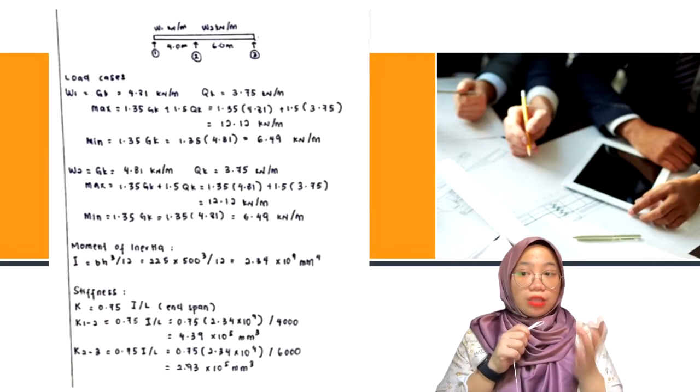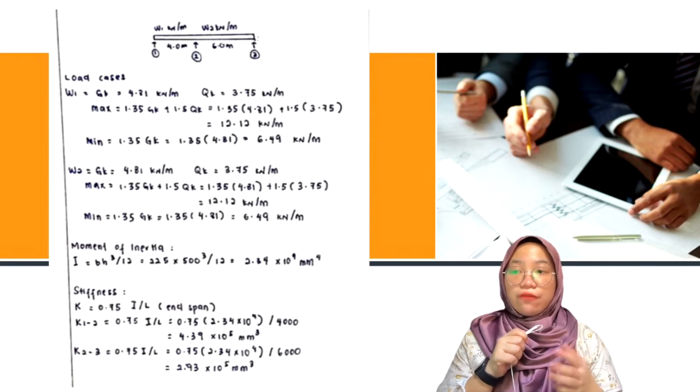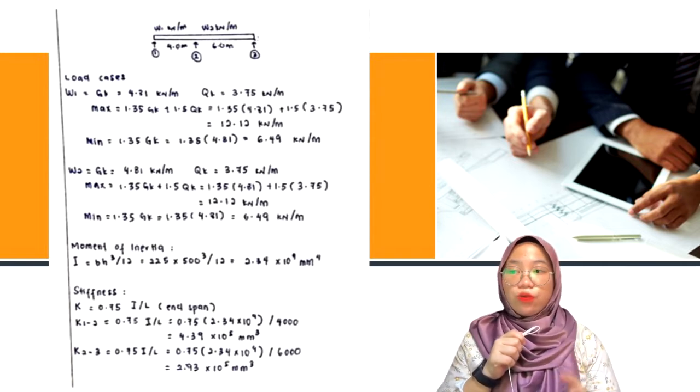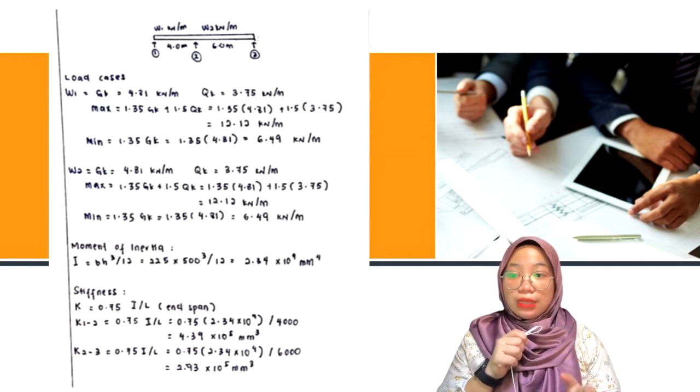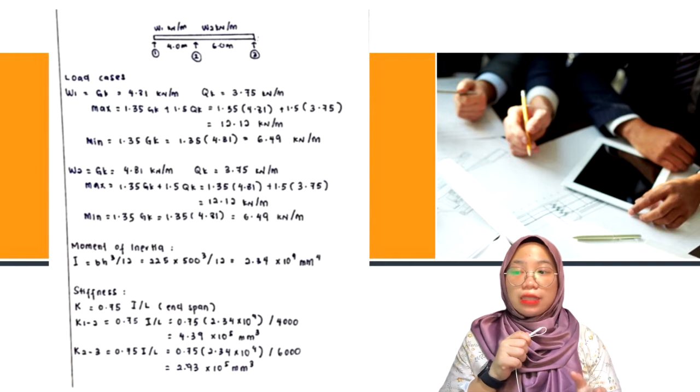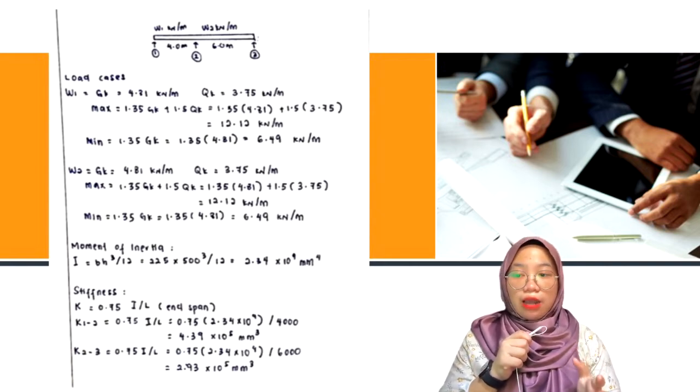We calculate load cases, moment of inertia, stiffness, and distribution factor. For load cases, there are W1 and W2. For maximum, it is 12.12 kilonewton per meter, and the minimum load case is 6.49 kilonewton per meter. Our moment of inertia is 2.34 times 10 power of 9 millimeter power 4.